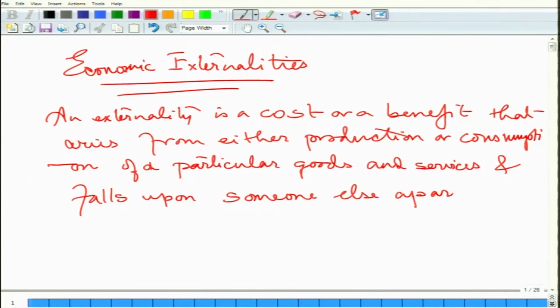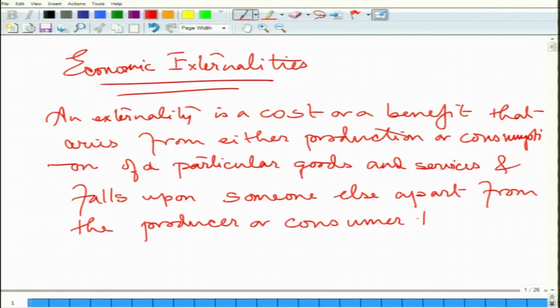apart from the producer or the consumer themselves.